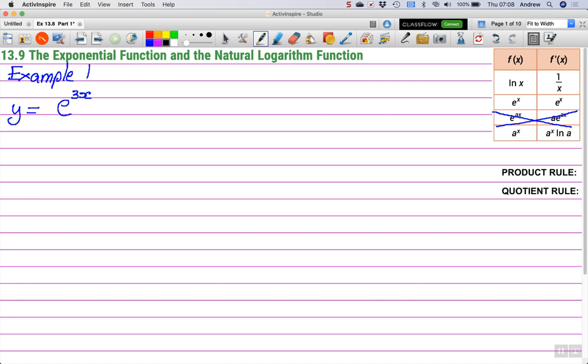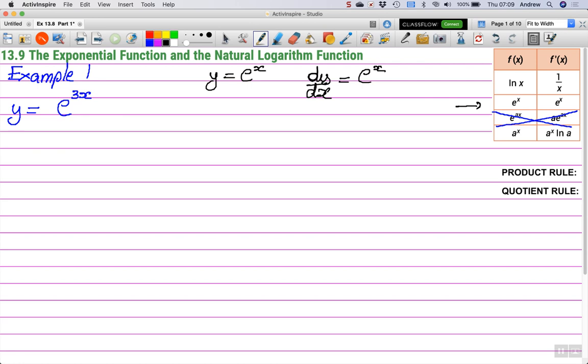The formula that I'm going to be using is y is equal to e to the power of x, and when we differentiate it, we get dy dx is equal to e to the power of x. So it's a fabulous function because when you differentiate it, a basic e to the x function does not change.